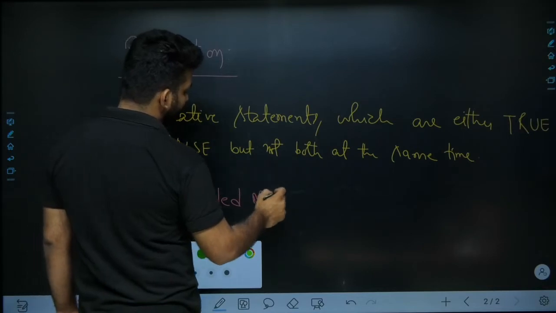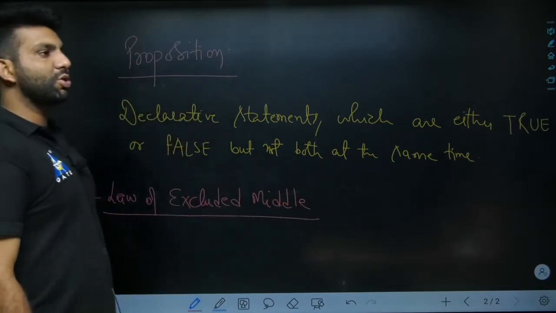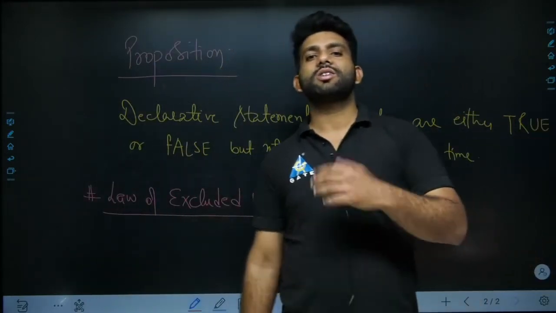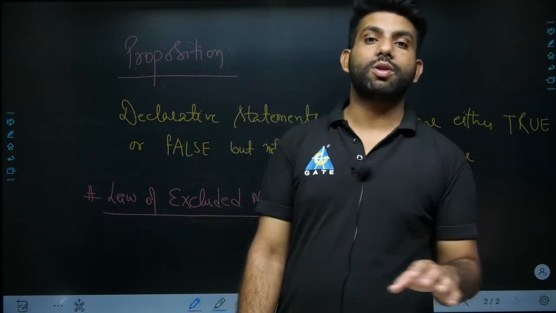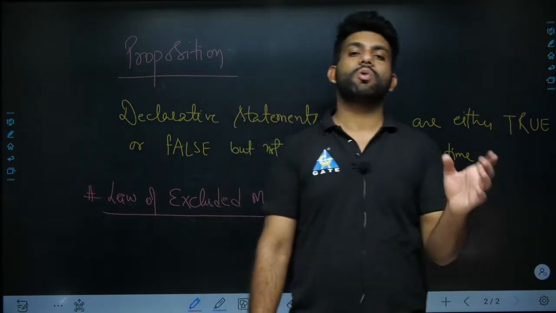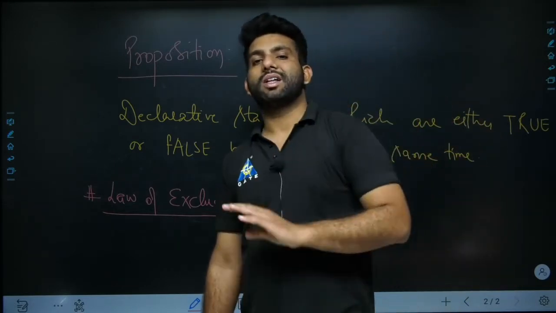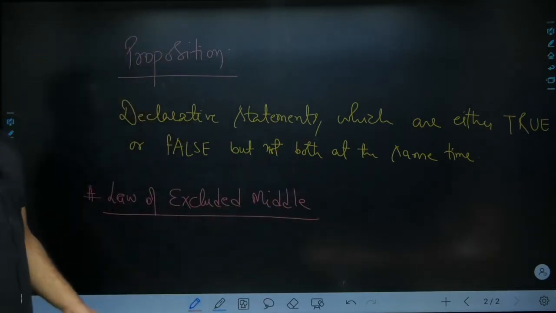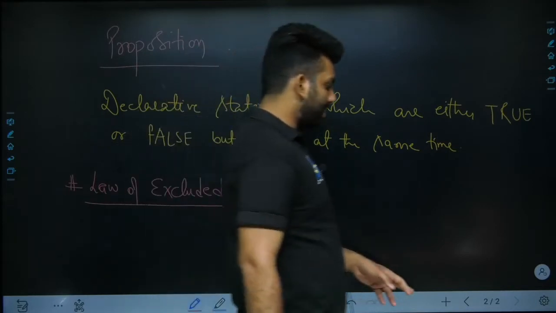It tells us there is no other possibility: a statement will be either true or false. No other thing can be there. Only either true or false, that's it. So propositions are declarative statements which are either true or false, but not both at the same time.